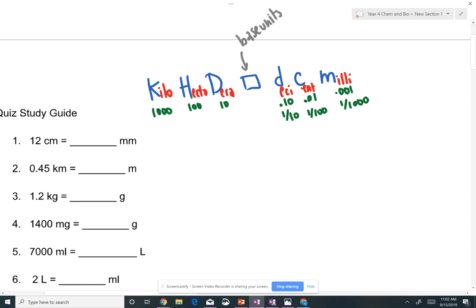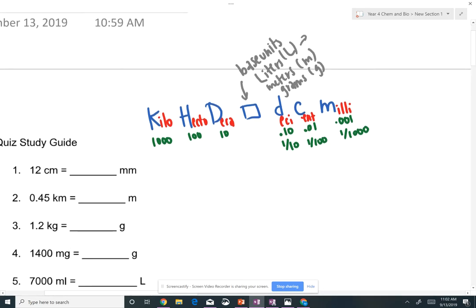Your base units in general are going to be liters, represented by L, meters, represented by M, and grams, which is a G. Just so you know, liters is volume, meters is length, and grams is mass. That's just something to keep in mind.